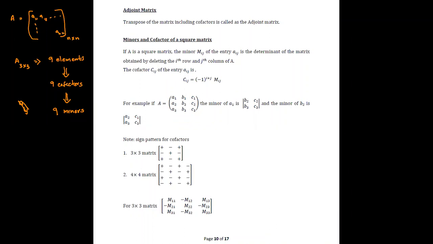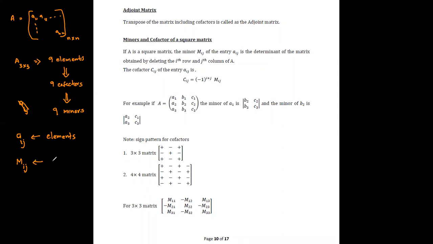If you are going to name these minors, we have to follow a notation. Generally, we use the notation Aij to denote elements or entries in a matrix, and then we use Mij, where you can use an uppercase or lowercase m.